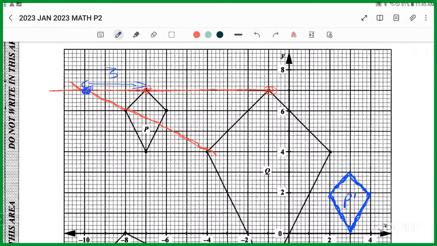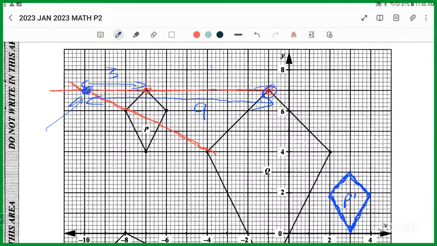The image of this point is going to be 9 units, 3 times 3, from here. So you can check it. 1, 2, 3, 4, 5, 6, 7, 8, 9. 9 units. That's confirmed. If you work it for one point, you're good to go. That's why I do it for one point.